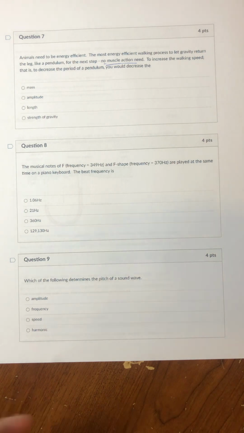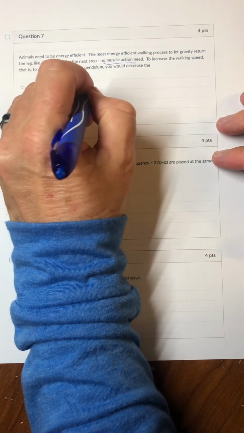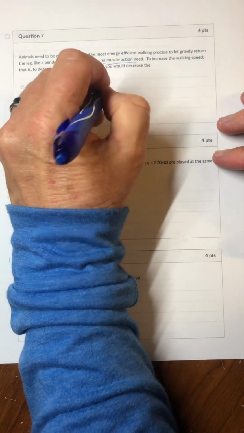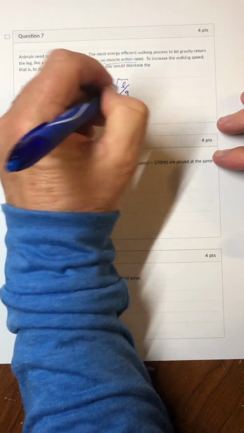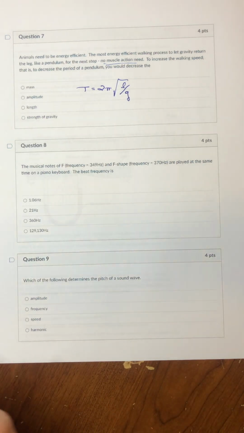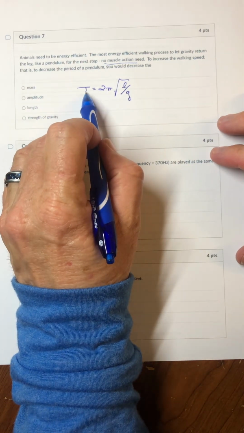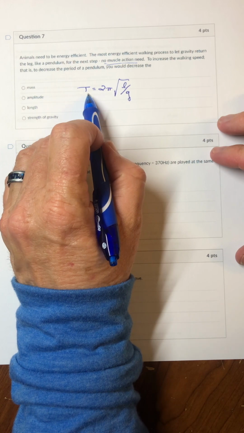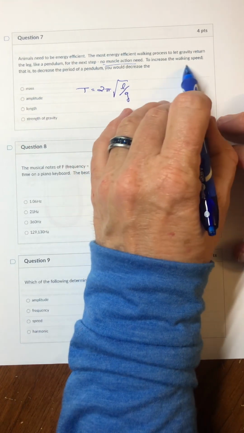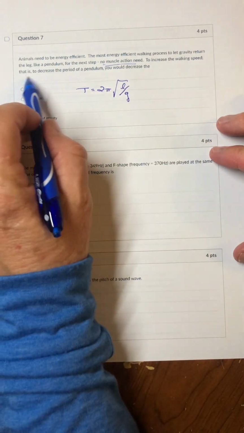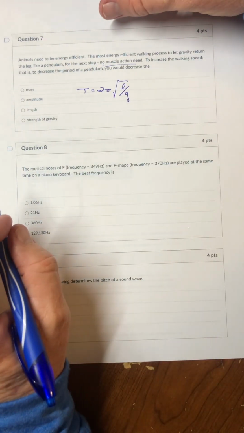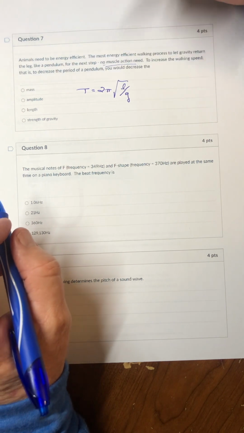And the pendulum depends upon its length. So thinking of this as a pendulum, 2 pi square root of L over g, we see that to lower the period, to increase the walking speed, that is to decrease the period, so that the foot swings back and forth a little bit faster, we want to make it a little bit lower in length, a lower period.